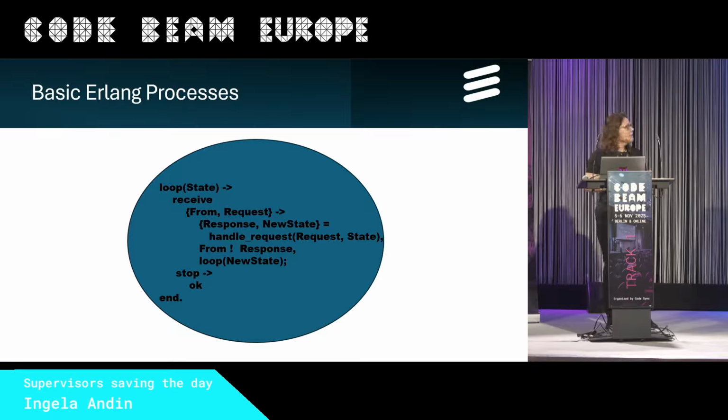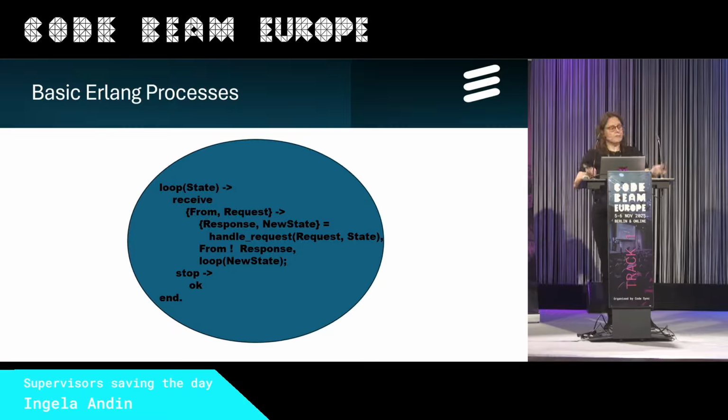And then our process will typically want to receive a message from another Erlang process. So we will wait for the message, and when we receive it, we will handle this request and generate a response, and maybe a new state. And then we will send an answer back to the process that called us. And we will call the recursive function loop.